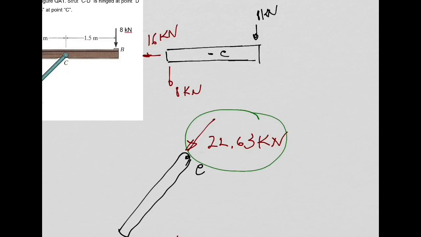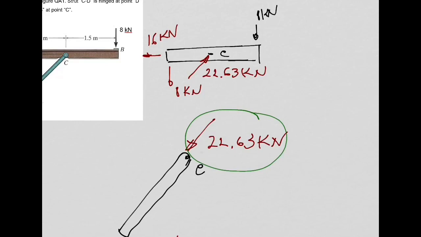So this means I will need to have at point C this same force of 22.63 kilonewtons, which basically is the reaction of my strut into my beam at point C. So action, reaction.